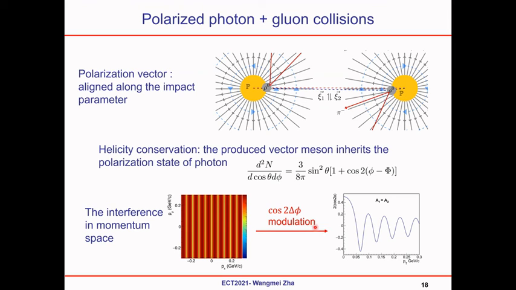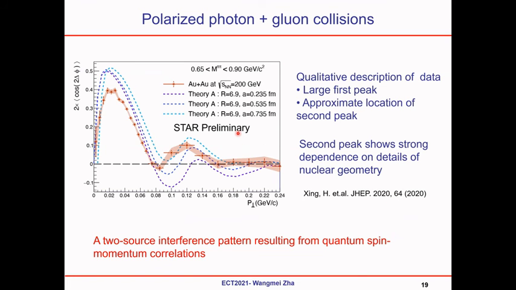So it will lead to a cosine 2 phi modulation, shown in this plot. And in the STAR preliminary results, we observed this cosine 2 phi modulation, shown in this plot as the red data points. You can find that the theoretical calculation can consistently describe the data.